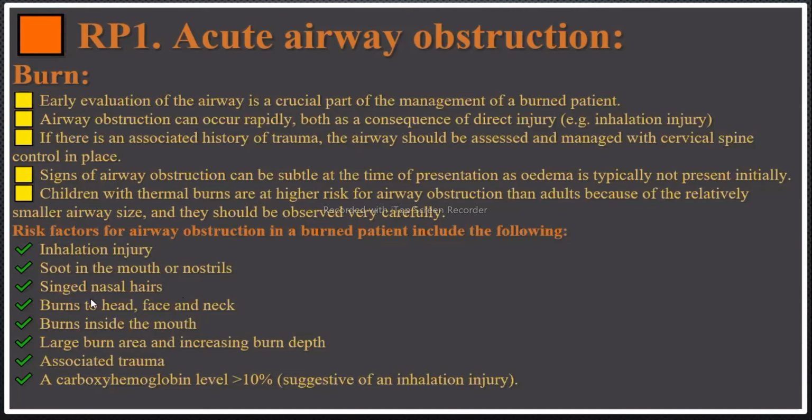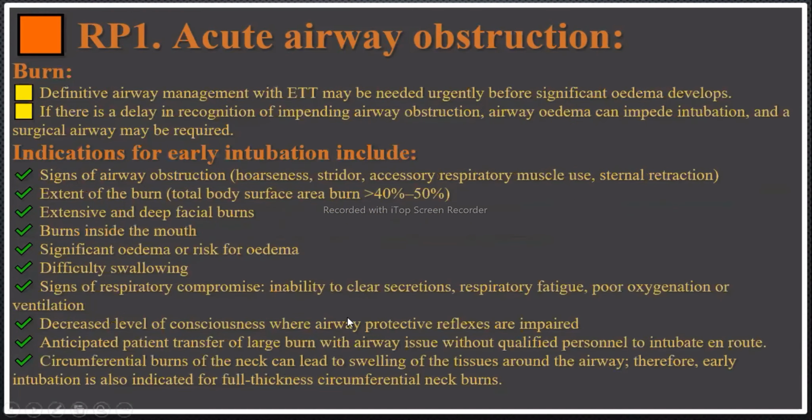If you find singed nasal hair, or burns to the head, face, neck, it's inhalational injury. Burn inside the mouth, large burn areas and increasing burn depths, associated trauma, or a carboxyhemoglobin level more than 10% are suggestive of inhalational injury.